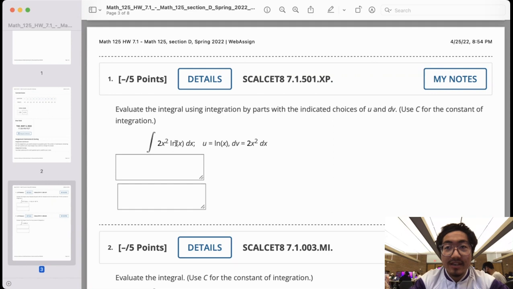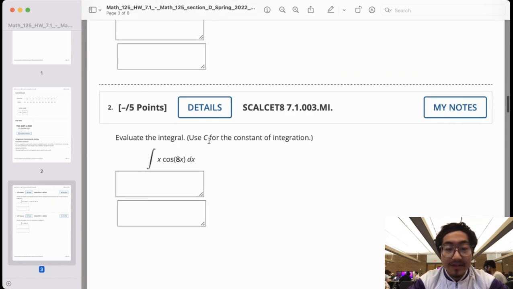The u is something you can find the derivative of immediately. So if anything involves natural log of x, you say u equals natural log of x, then du is 1 over x. And dv is everything else, anything except natural log of x. So this makes it easier.